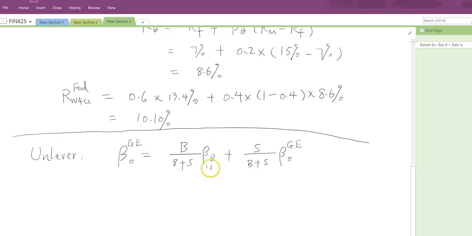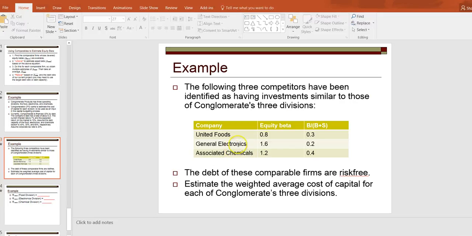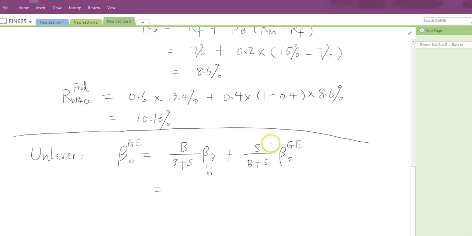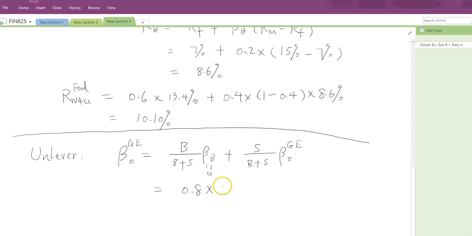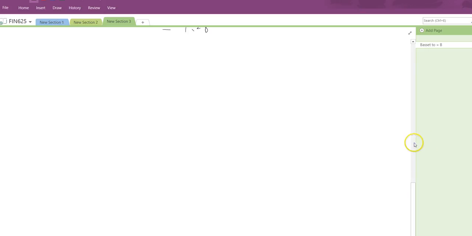And beta B is 0, remember? They are risk-free. So we just check the debt value ratio of General Electronics is 0.2. Hence the equity value ratio is 0.8 times the equity beta, 1.6. So this gives me 1.28. So now we bring this over.